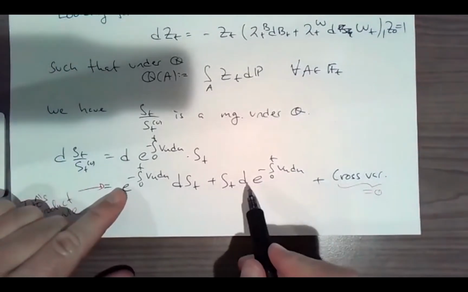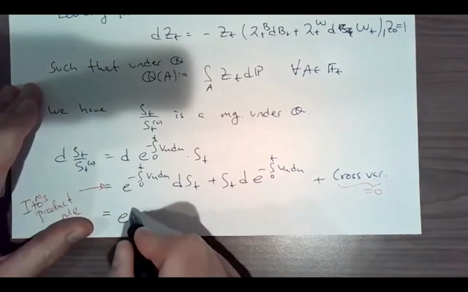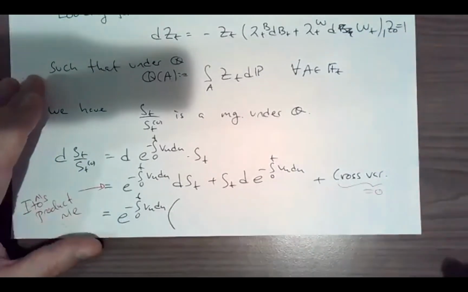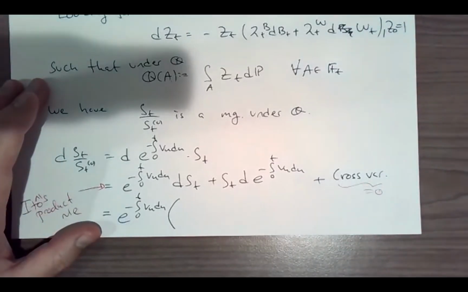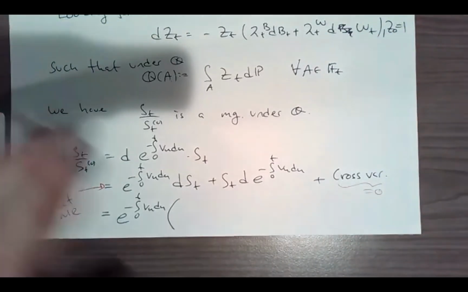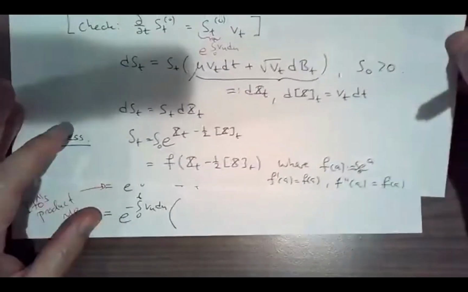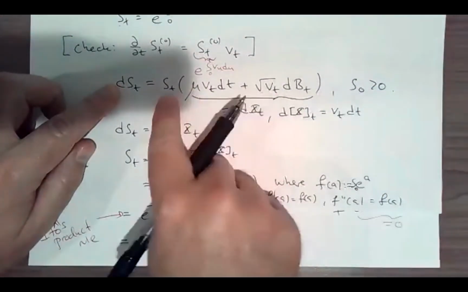You can see again that there'll be this exponential term that's common, so we can put it outside. Now we need to plug in what dS is, which was given in the assignment. It's this long mess up here.